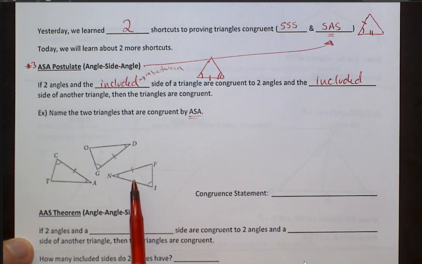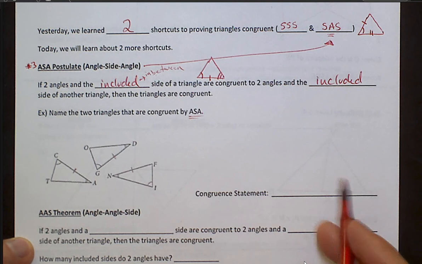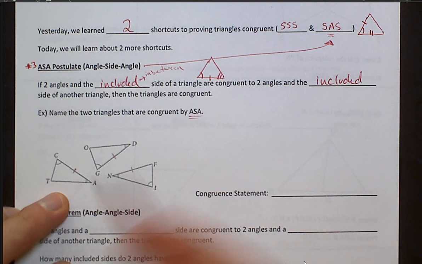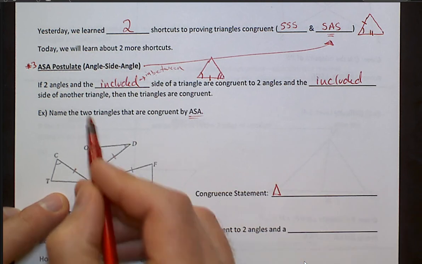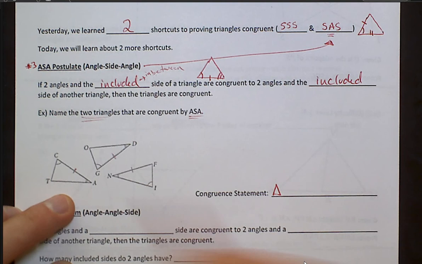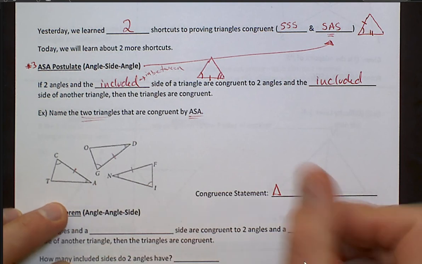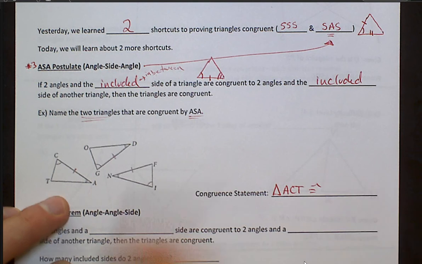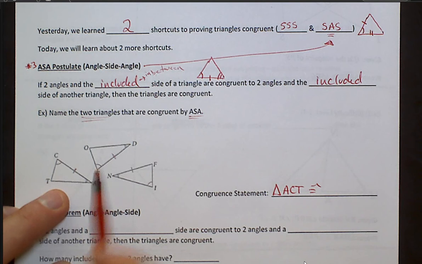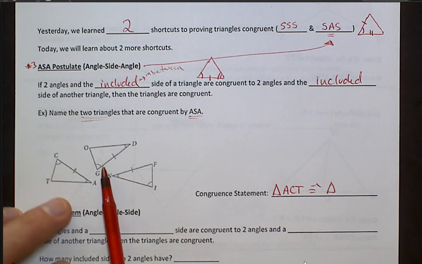Okay? Now, a congruency statement is just stating the 2 triangles. And again, this is important. So basically, the congruency statement is listing the 2 triangles. And I'm going to name it, and you can name these any different way. Like I'm going to name it ACT, just like the test you're going to take probably when you're a little older. Now, if I call this triangle ACT, I'm going to put the triangle symbol there, what specific letters do you have to name for this second one here?